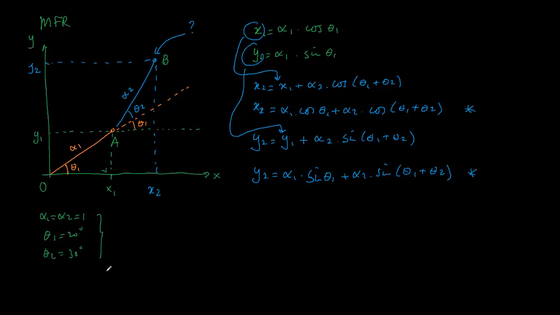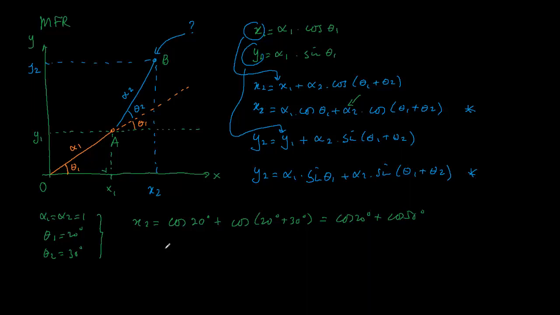Well, x2 is alpha 1, which is 1, times cosine 20 degrees, added to, well, probably this length is 1 as well, cosine of 20 degrees added to 30 degrees. So this is nothing more than cosine 20 degrees added to cosine 50 degrees.